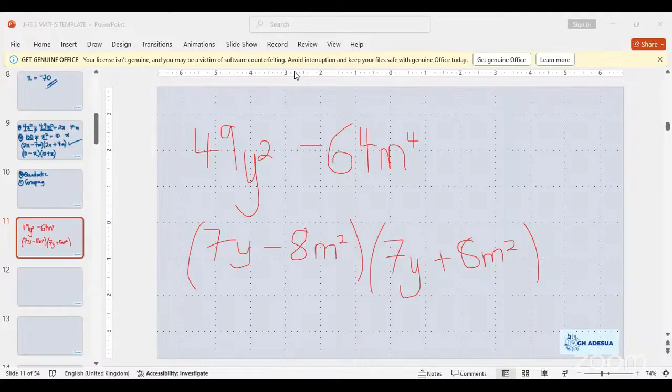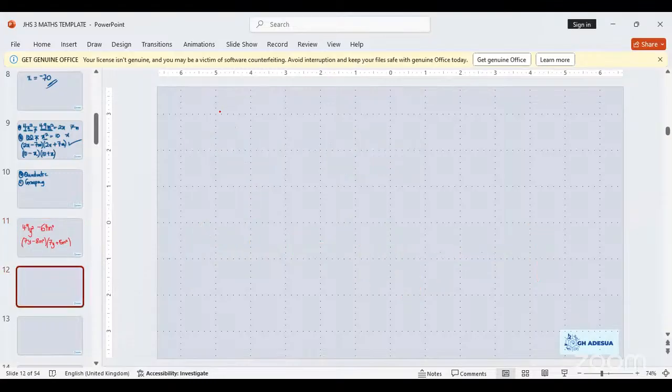I'm sending Krista a message just to be sure she's all right. Fine. So we go on. Now this was difference of two squares. So let me do a last one, and then we will proceed.